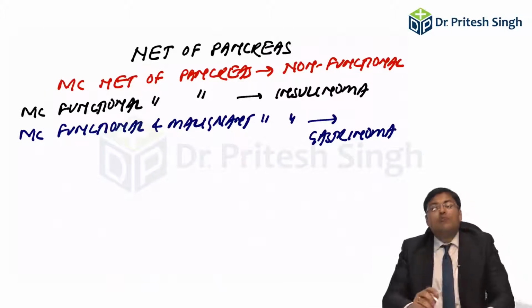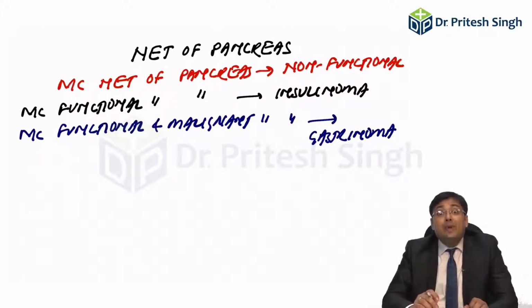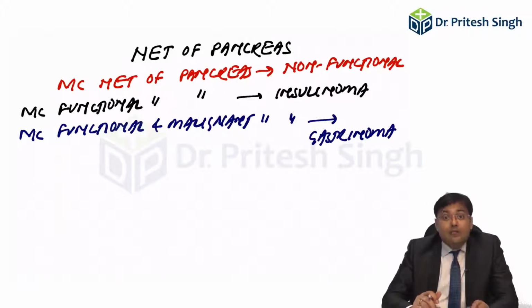So be careful, most of the insulinomas are benign. That's why most common functional neuroendocrine tumor of pancreas is insulinoma, but most common functional and malignant neuroendocrine tumor of pancreas is gastrinoma.